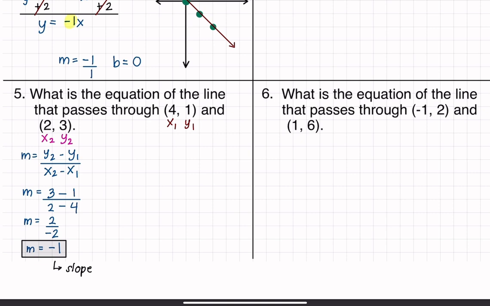Now that we already found the slope, all you have to do is substitute it into the formula y minus y sub 1 is equal to m times x minus x sub 1. So now we have y minus our y sub 1, which is 1, is equal to our slope, which is negative 1, times x minus x sub 1, which is 4.